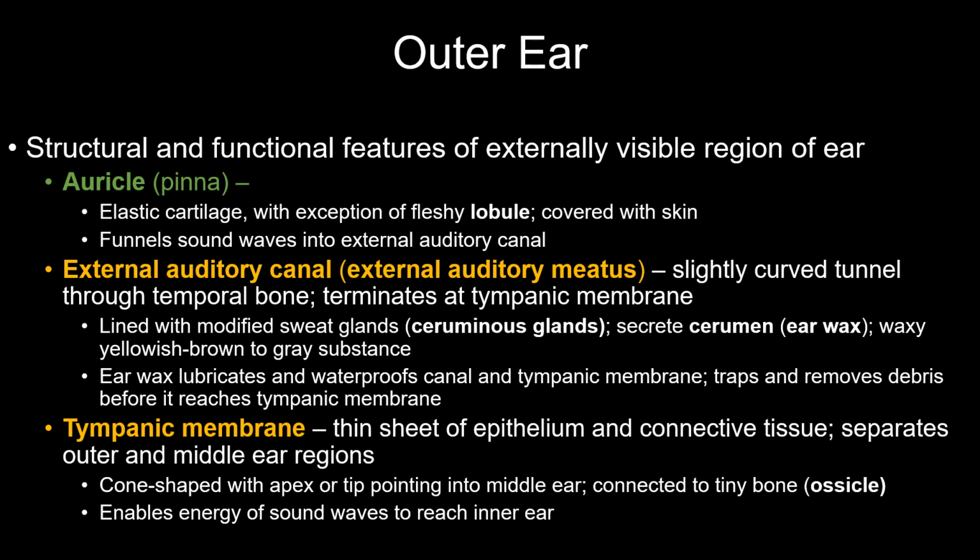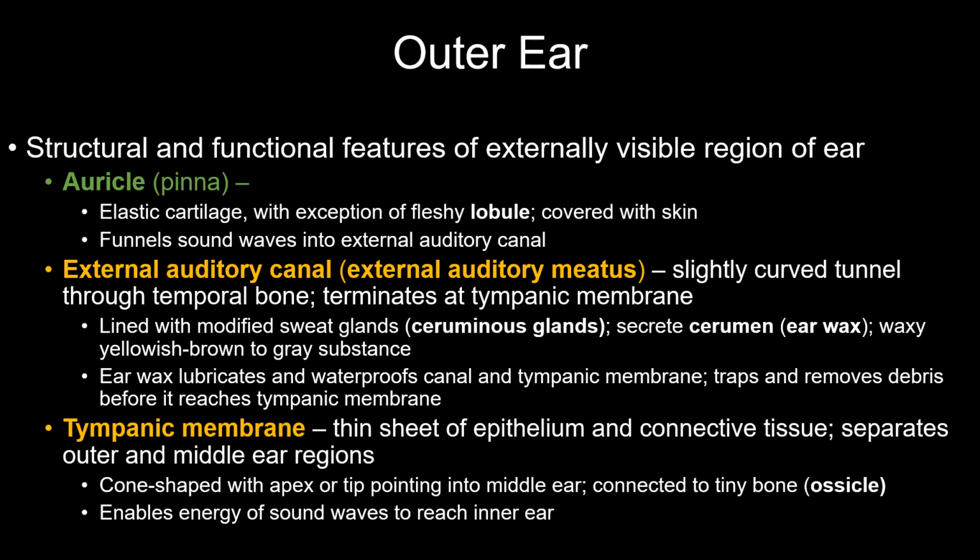I've said this a couple times, the tympanic membrane is just a thin sheet of epithelium and connective tissue that works to separate the outer ear from the middle ear. It has a cone shape with the apex pointing into the middle ear, so it looks a little bit like a teepee or a tent pointing into the middle ear.